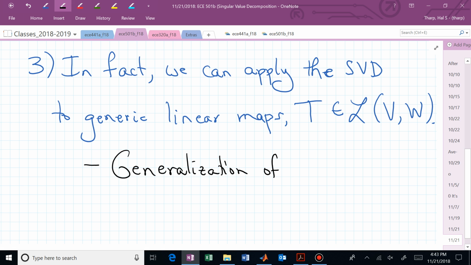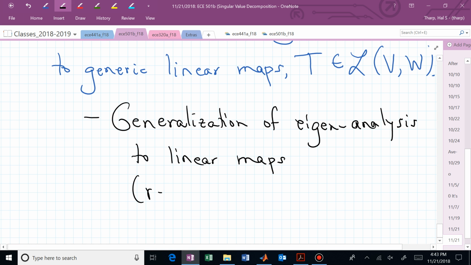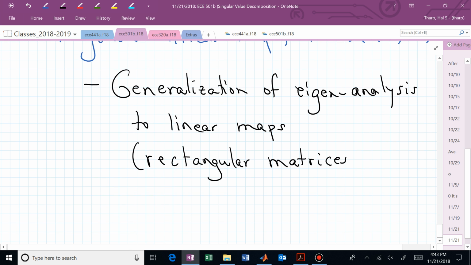We now have a generalization of eigenanalysis to linear maps or rectangular matrices if we were interested in their matrix representation versus square matrices.